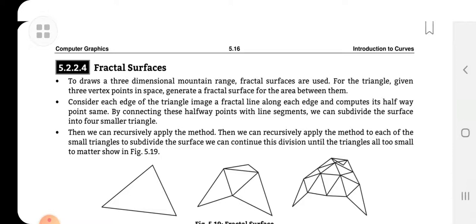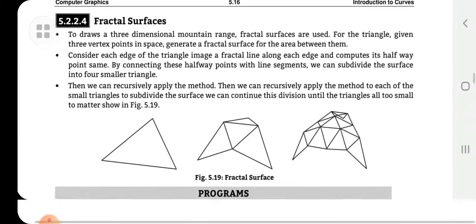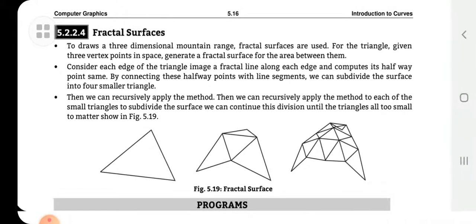Consider each edge of the triangle as a fractal line and compute its halfway point. By connecting these halfway points with line segments, we can subdivide the surface into four smaller triangles, and then we can recursively apply the method to each of the small triangles to subdivide the surfaces.